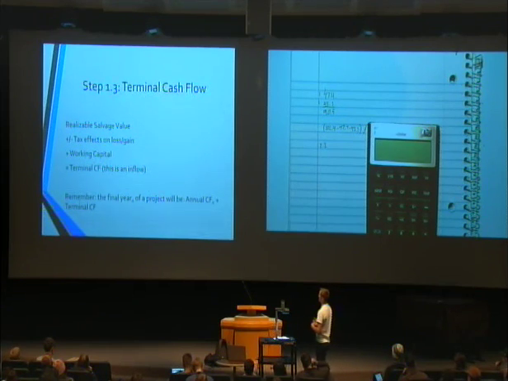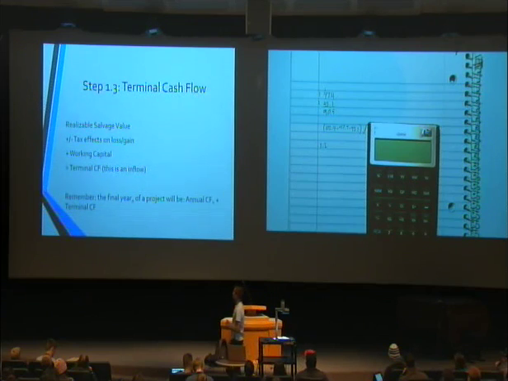All right. A tax shield would increase your terminal value, but a tax liability, if you sell a machine for more than your book value, tax liability would decrease your terminal cash flow. You add back your working capital, and this is going to equal your terminal cash flow, and this is also a cash inflow.